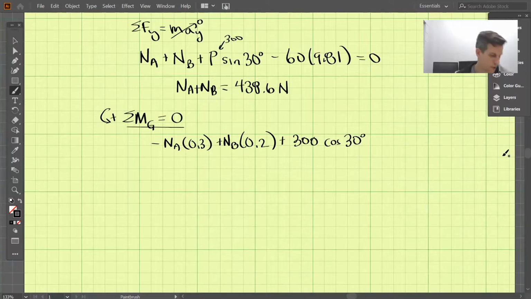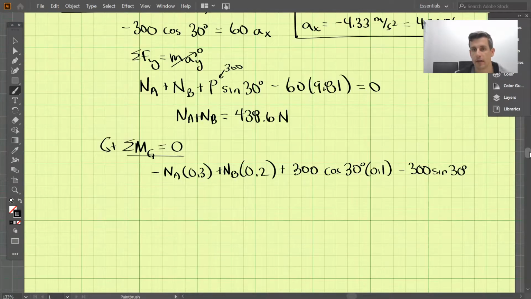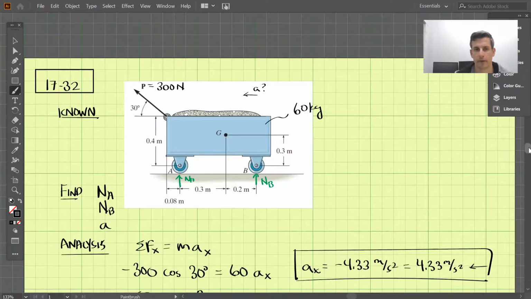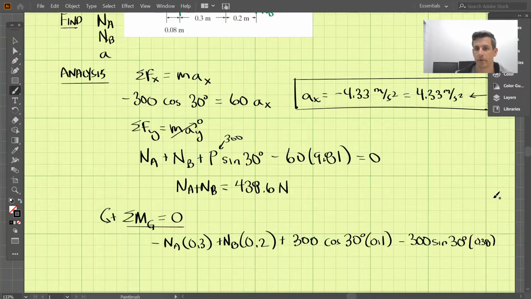Then the vertical component, a negative moment, is 300 sine 30, and the distance it acts away is 0.3 plus 0.08, because that's the vertical distance right here, so that's 0.38. And that's going to be equal to 0.